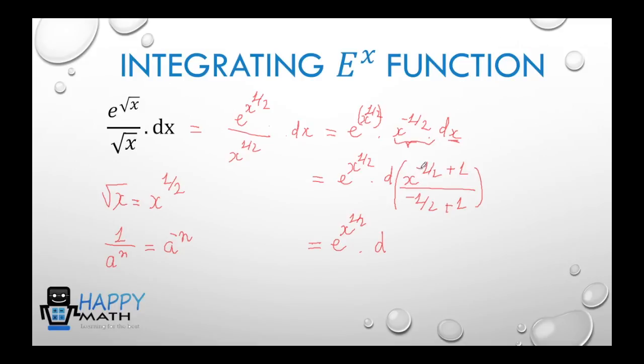x power minus 1 over 2 plus 1 means x power 1 over 2, divided by 1 over 2. Dividing by 1 over 2 in this position means you have to times 2, the scalar factor, times d of x power 1 over 2.